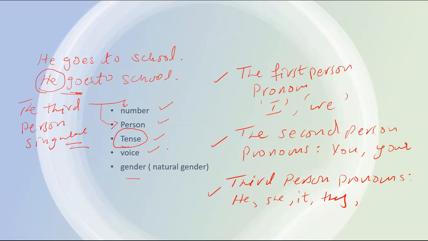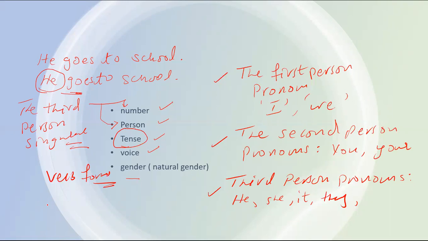Now, also, we got to see whether the sentence is related to a particular time. And if it's related to a particular time, we got to choose an appropriate verb form. So verb forms are important.